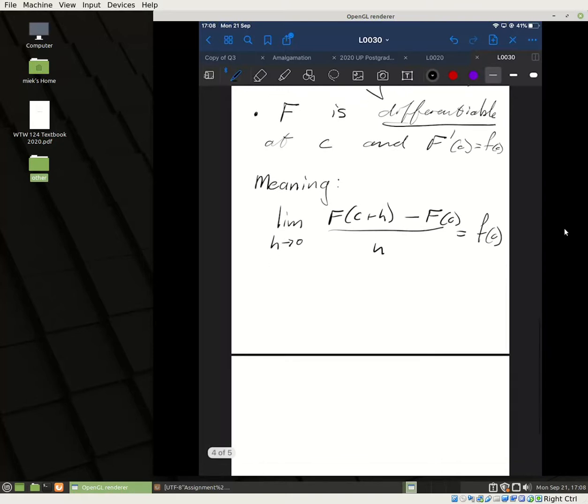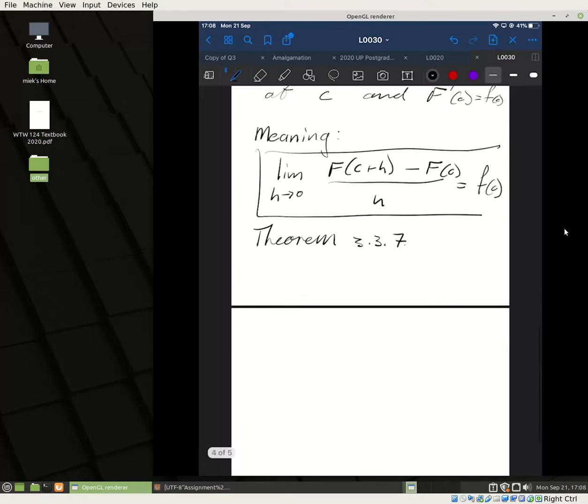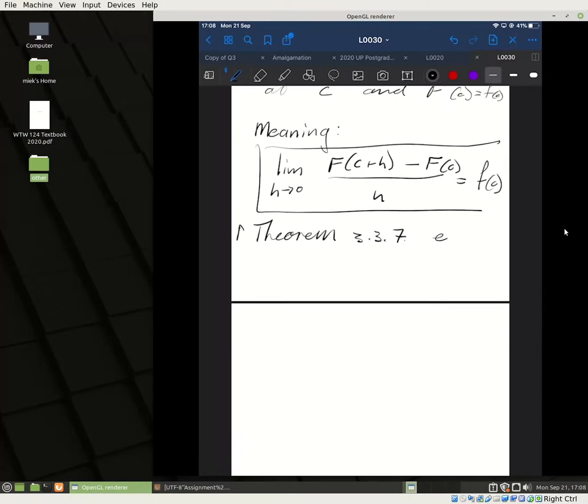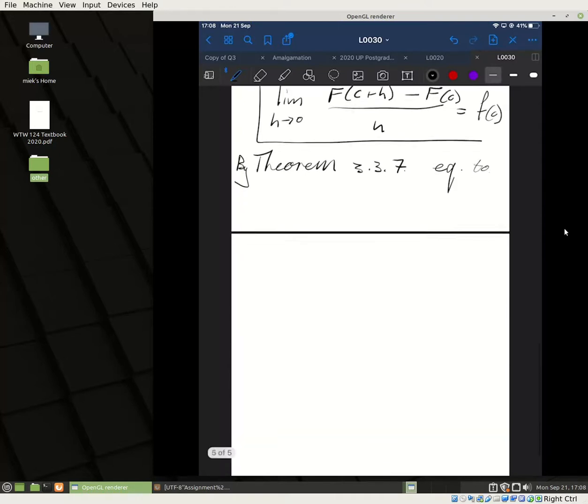And if we look at theorem 3.3.7, this statement is equivalent to the following.